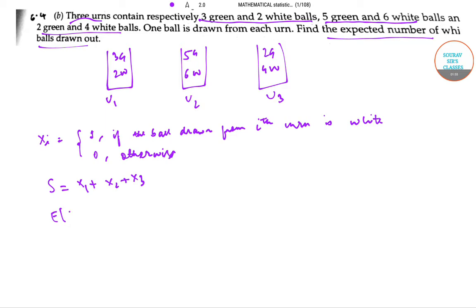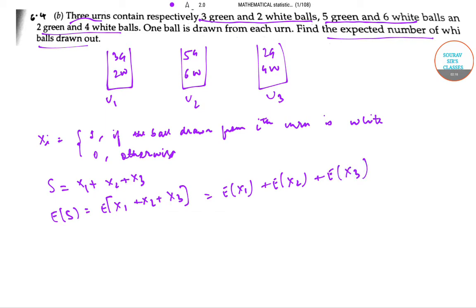So expectation S is equal to expectation x1 plus x2 plus x3, which is expectation x1 plus expectation x2 plus expectation x3.